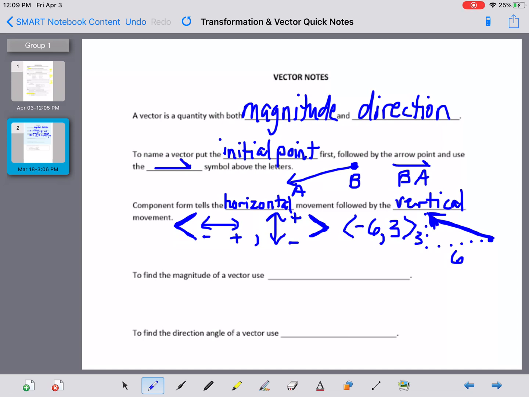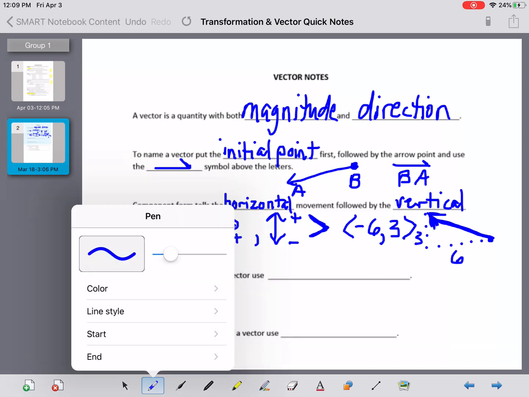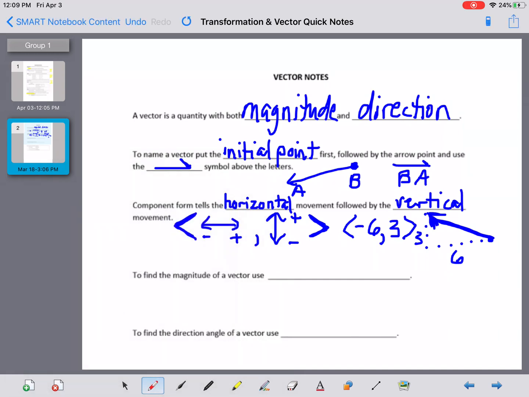We know there's two parts of a vector, the magnitude and the direction, and we have to be able to find both of them. To find the magnitude, or the size, of a vector, we're going to use the Pythagorean Theorem, otherwise known as a squared plus b squared equals c squared.